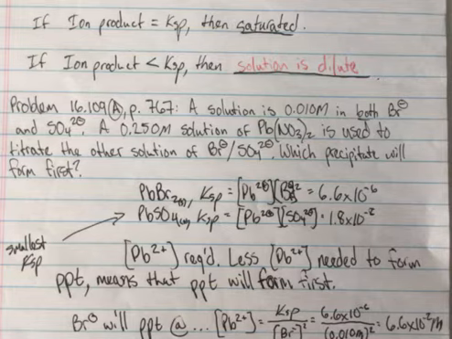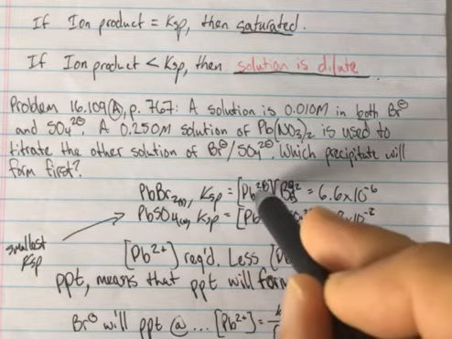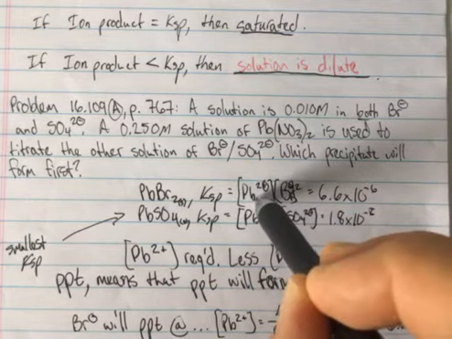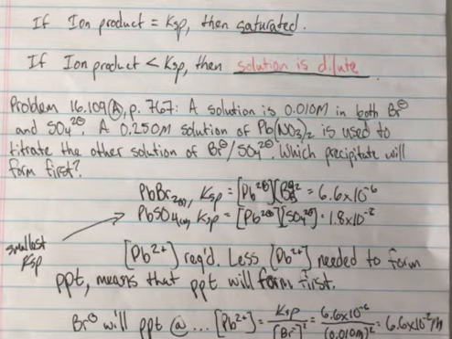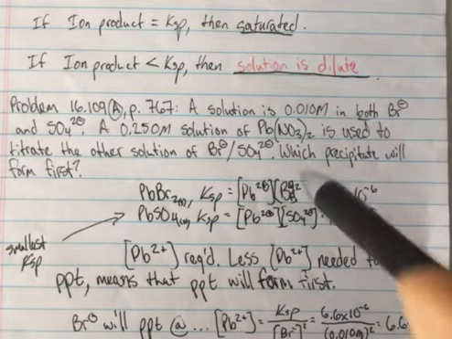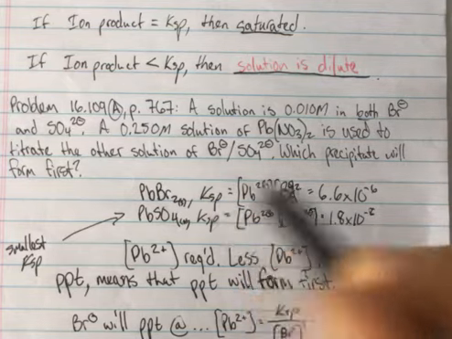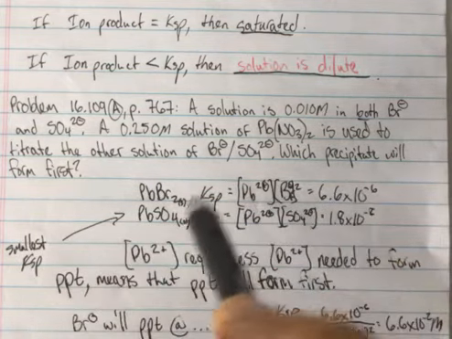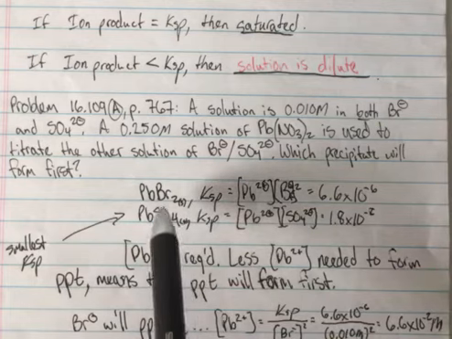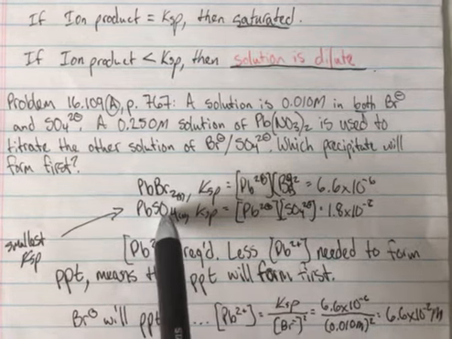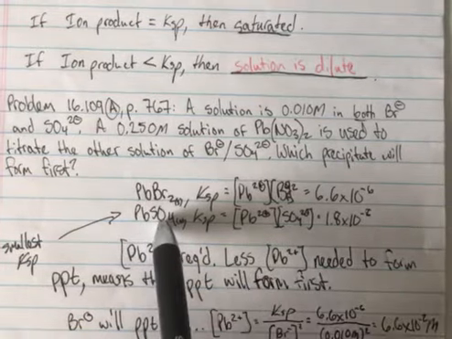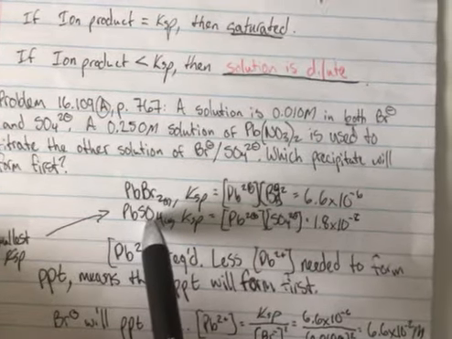Okay, so in other words, we need to solve for the concentration of lead that would amount to forming first. But really what you need to do is test, well, we have lead bromide and lead sulfate that are going to form, undoubtedly, right, because it's a solubility product.